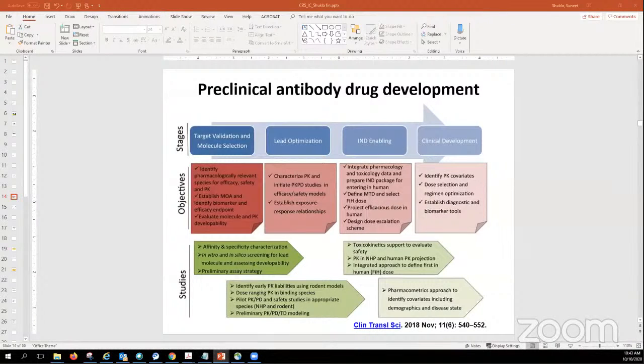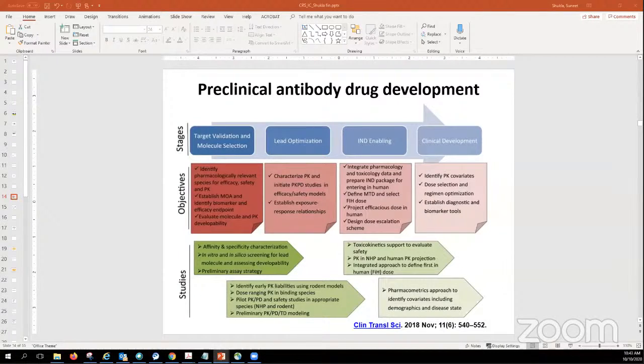That brings us to the next stage in the preclinical development, which is IND enabling studies. I would say that's where the work starts in terms of preparing to go into first in human trials. The objective at that stage is to integrate pharmacology and toxicology data to prepare the IND package for entering the human dose.